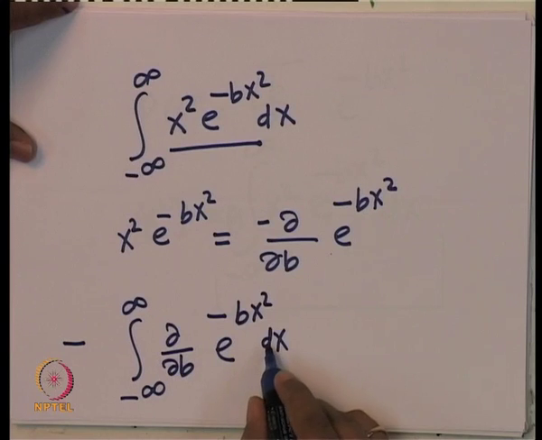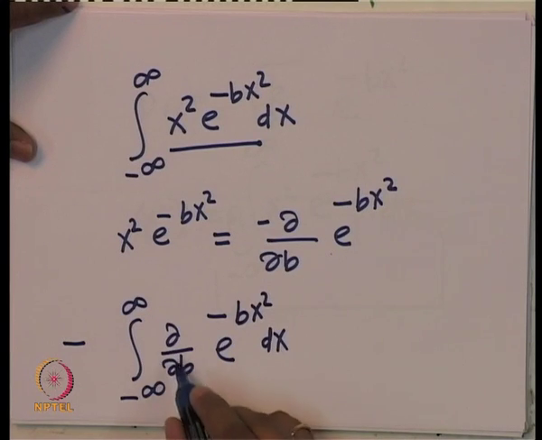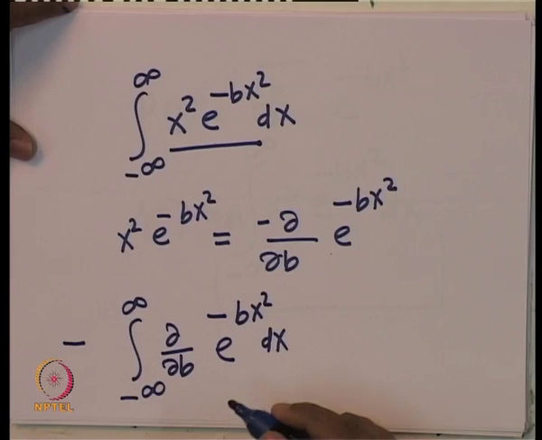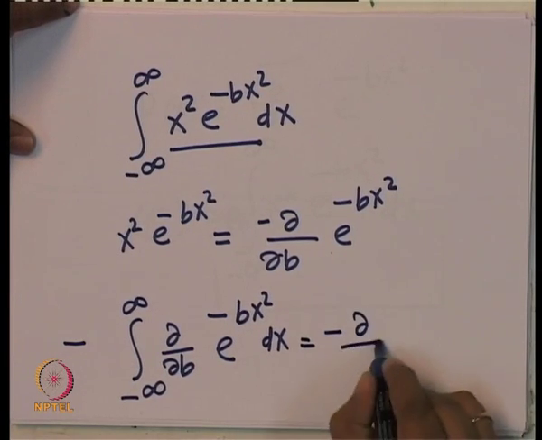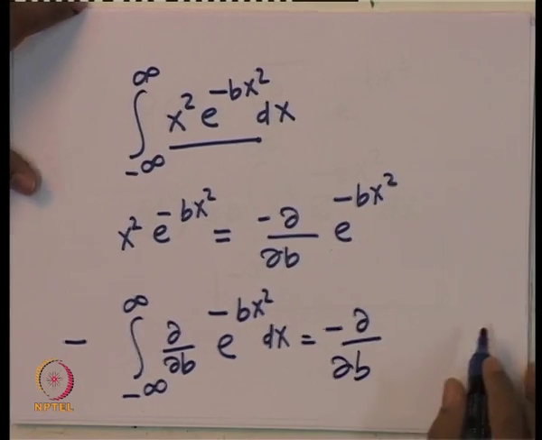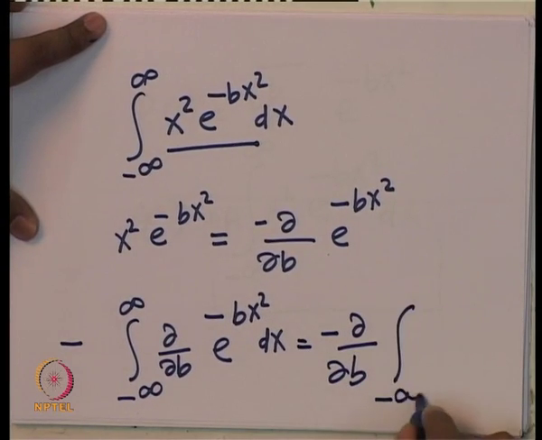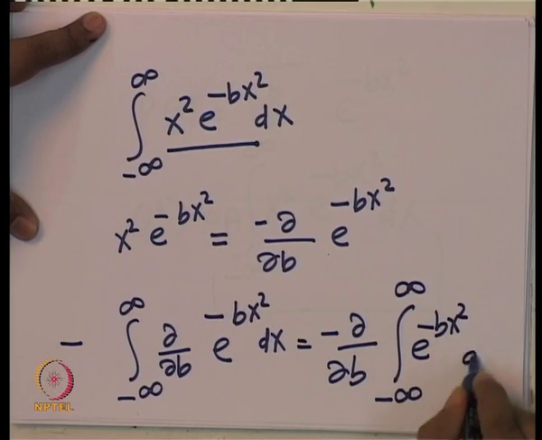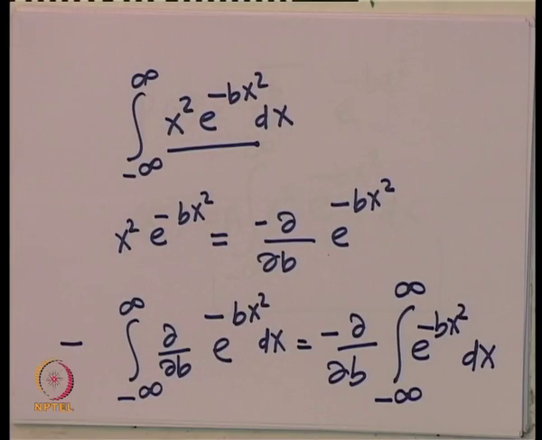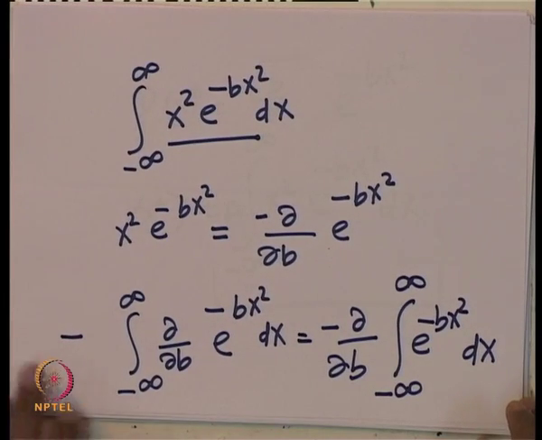So, del by del b is independent of x, because b and x are completely different variables. So, I can take this outside. So, this is minus del by del b of the integral from minus infinity to infinity of e power minus b x square dx. So, what did we do?